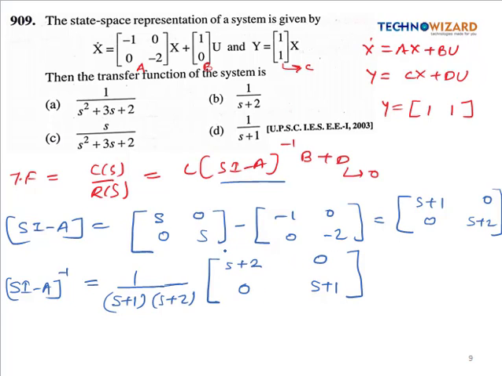So this is the inverse of (sI minus A). So now we will pre-multiply with C and post-multiply with the B matrix. Here the C matrix is [1 1] and the B matrix is [1 0].